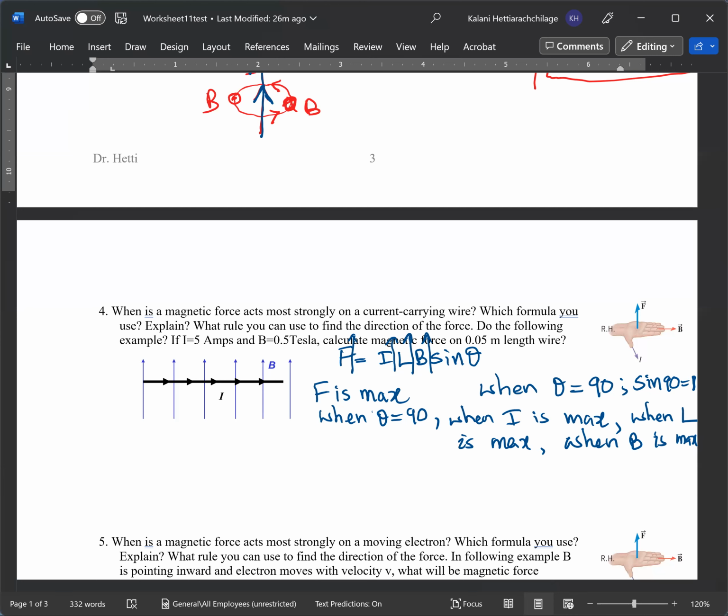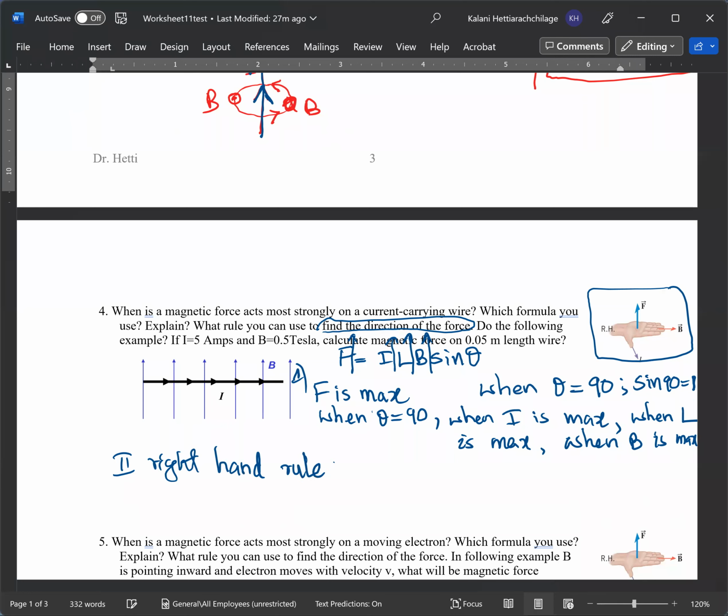Explain it. What rule can you use to find the direction of the force? To find the direction of the force, we're going to use the right hand rule. There are two right hand rules. This is the second one.